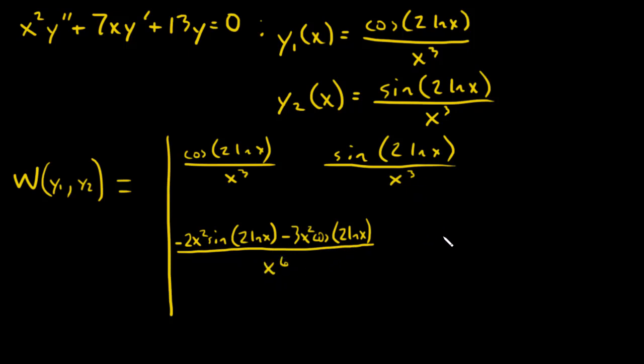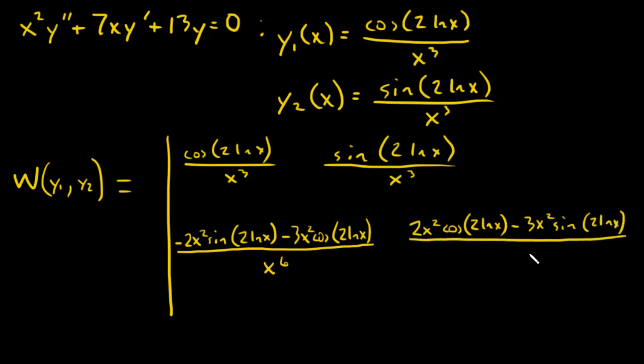And then for this derivative, it's going to be positive 2x squared times cosine of 2 natural log of x minus 3x squared sine of 2 natural log of x, over x to the sixth.